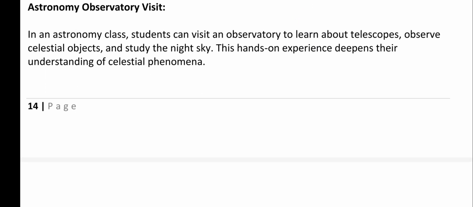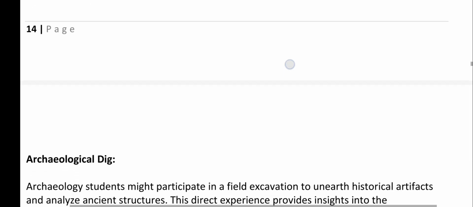Now we have astronomy observatory visit. In an astronomy class, students can visit an observatory to learn about telescopes, observe celestial objects, and study the night sky. This hands-on learning deepens their understanding of celestial phenomena. All right.